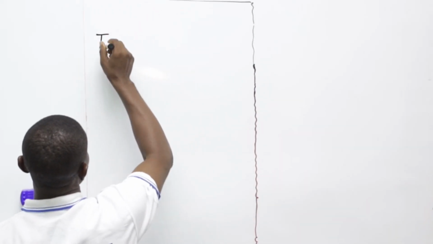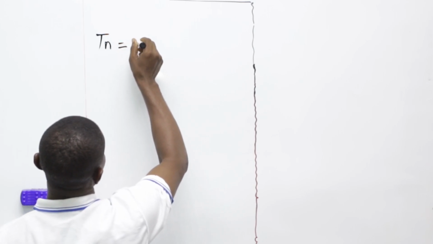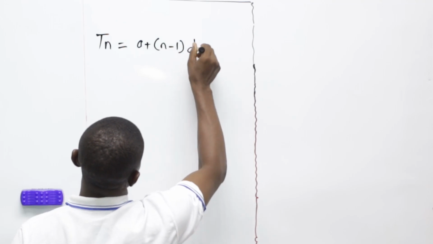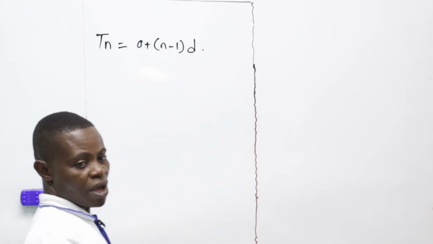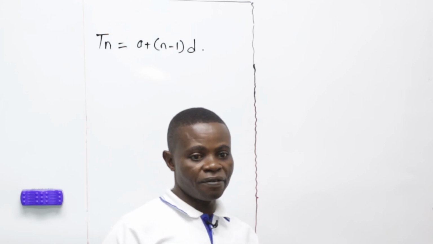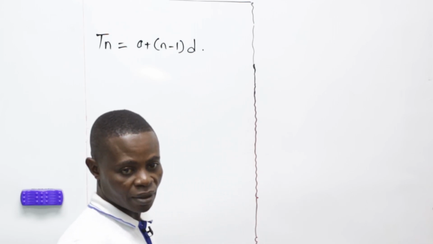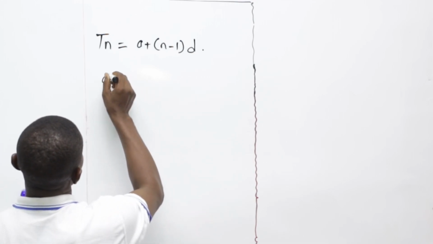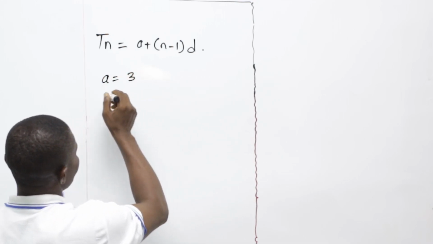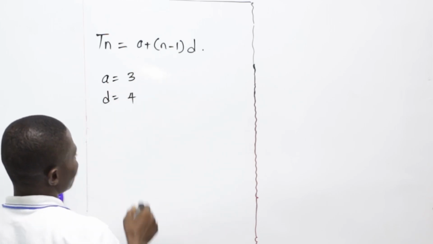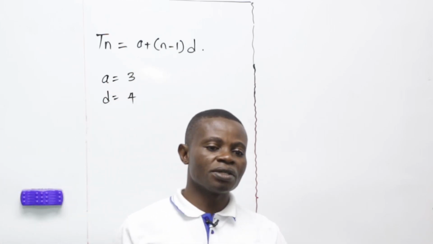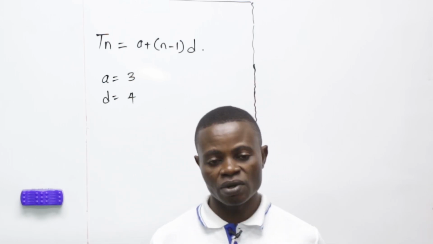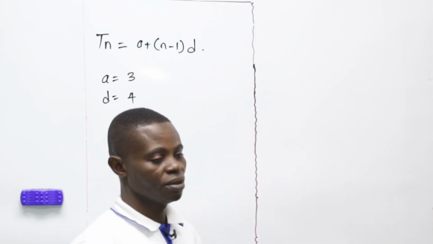General formula for AP: Tn equals A plus bracket n minus 1 into D. But here we were told that the first term is 3, and the common difference is 4. That is A equals 3, D equals 4. Our interest here is just for you to write an expression that will represent this question given to you.